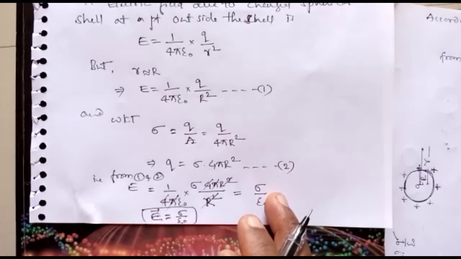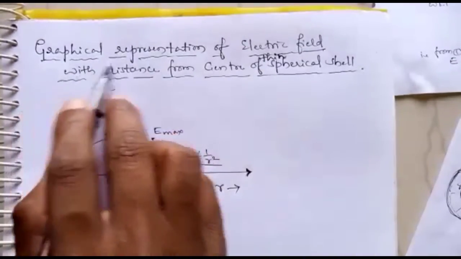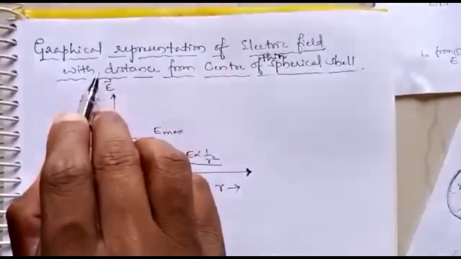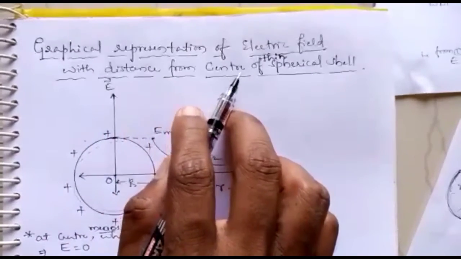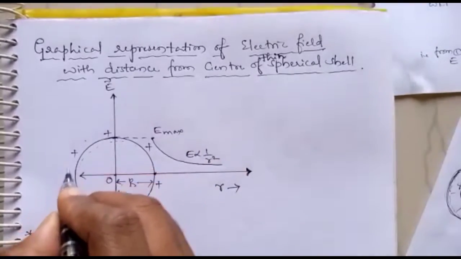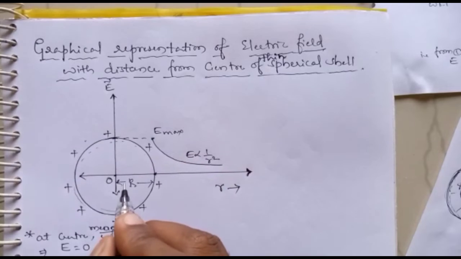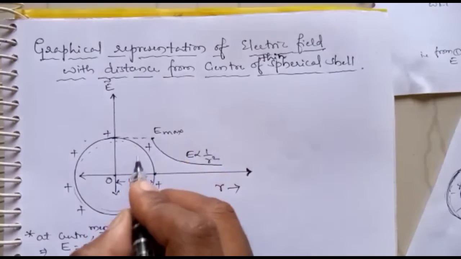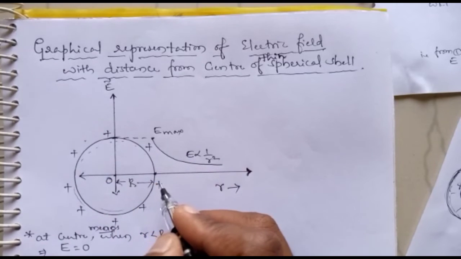Now we'll see the graphical representation of electric field at different distances from the center of the thin spherical shell. I'm considering here a thin spherical shell. Due to this spherical shell, what is the electric field at different distances?